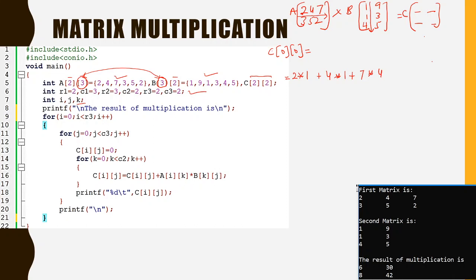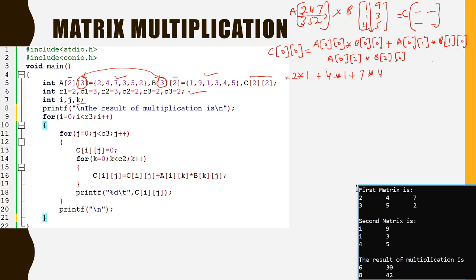If I write it in the form of indexes, this would be a00 to be multiplied by b00 plus a01 to be multiplied by b10 and a02 to be multiplied by b20, okay.